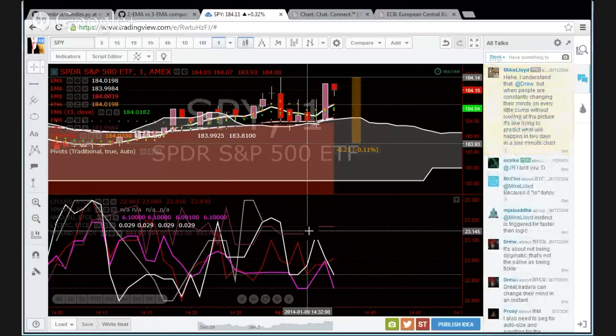But we are waiting for the 184.14 perhaps to get tested and to break through, which would be a new session high. That's what we're waiting on.